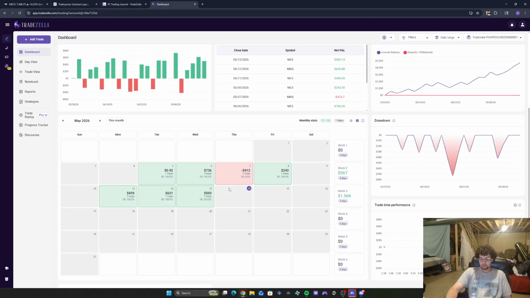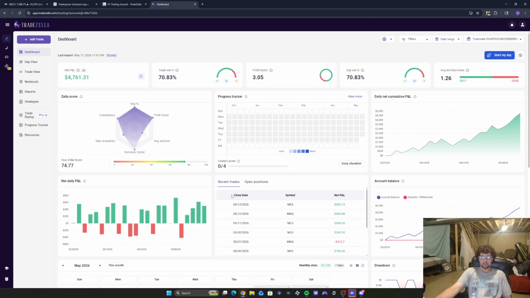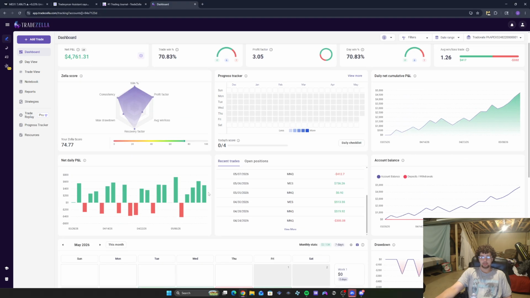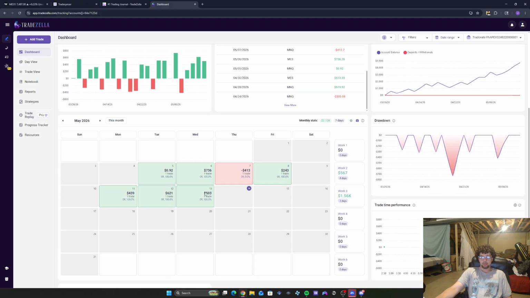I'm not going to be winning this much every time. The month's never going to be this good all the time, so I'm okay with a loss. I'm okay with a couple of losses. It's not that deep to me. But that's where my headspace is at.